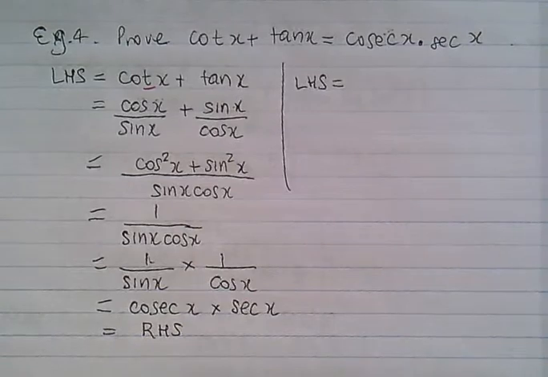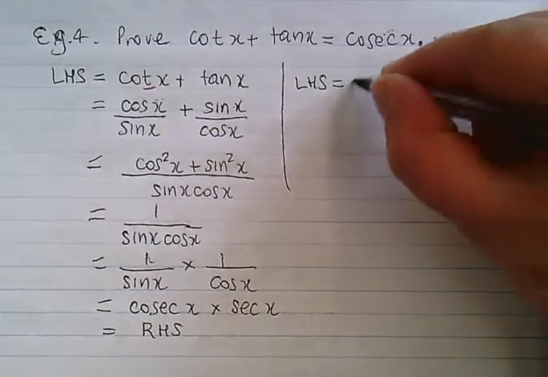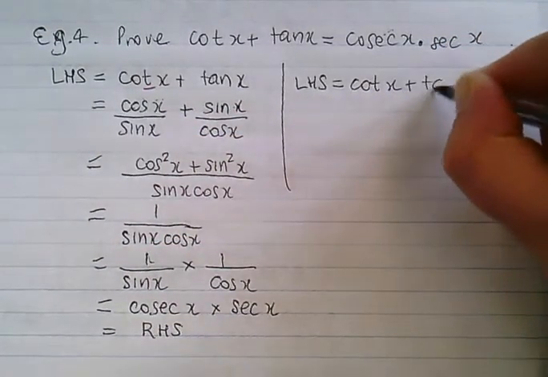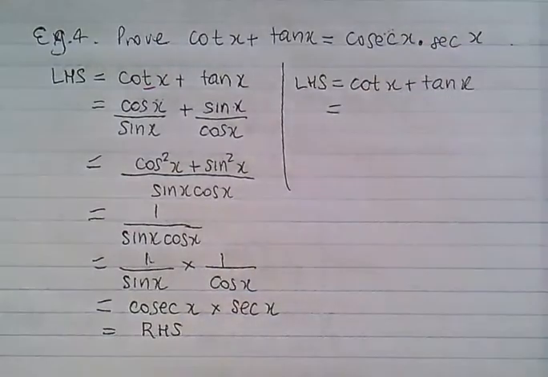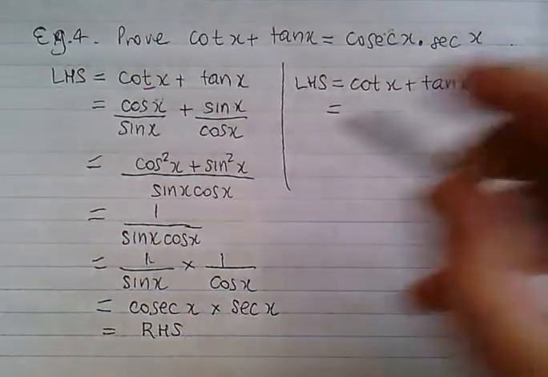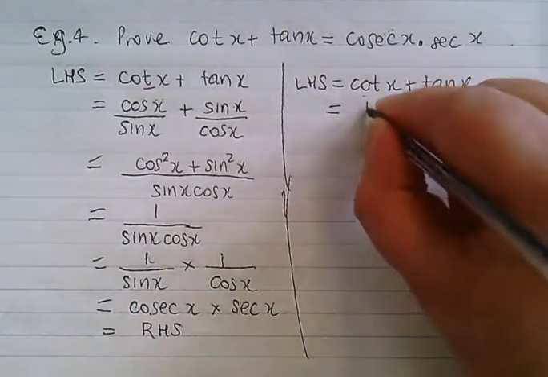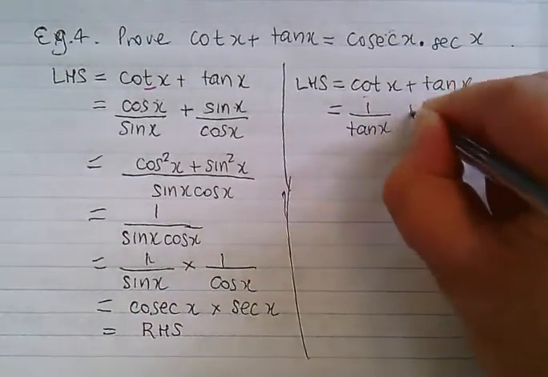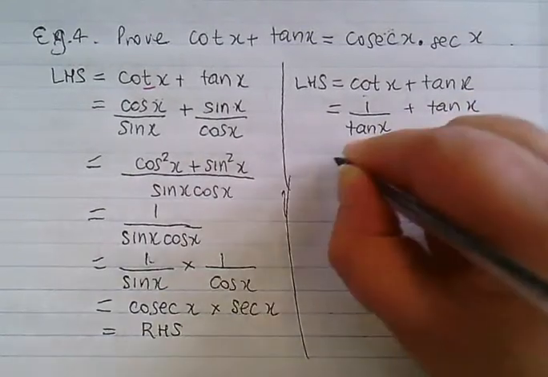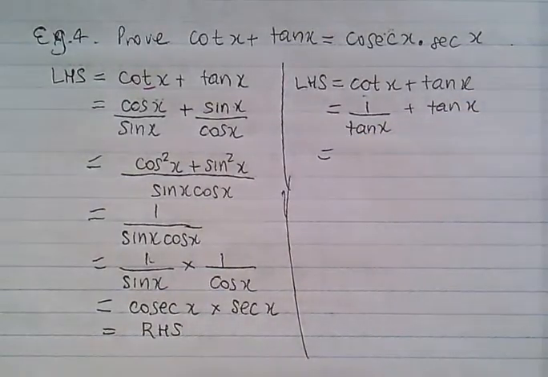But let's say you decided to do it this way. You might get stuck. So when you get stuck, you try another way. Let's say you started off with left-hand side is cot x plus tan x. I know cot is 1 on tan x plus tan x. And then you decided, all right, I'm going to go common denominator or something, right?